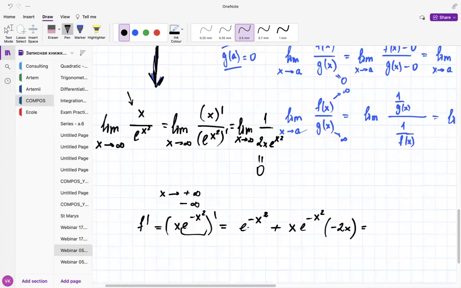Okay, there was our multiplication rule, and inside we had a chain rule, okay? So here, I would advise you to factor out e to the power of minus x squared.